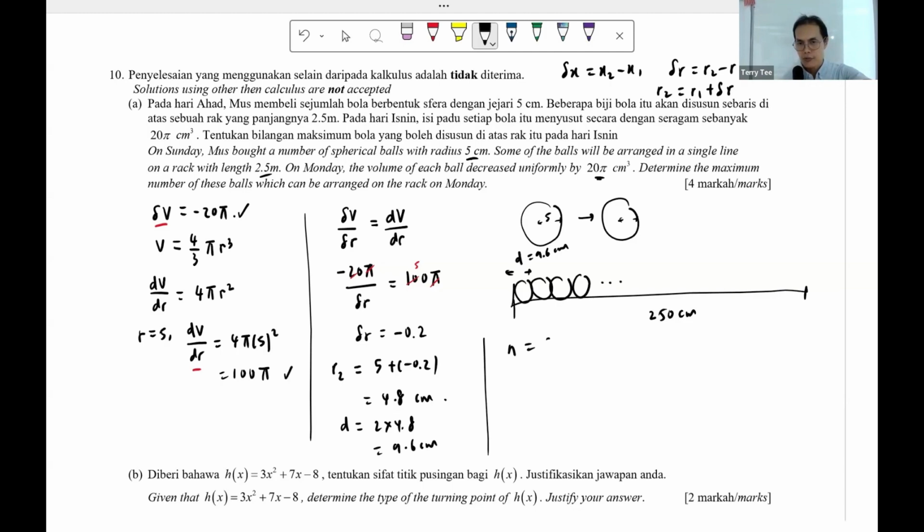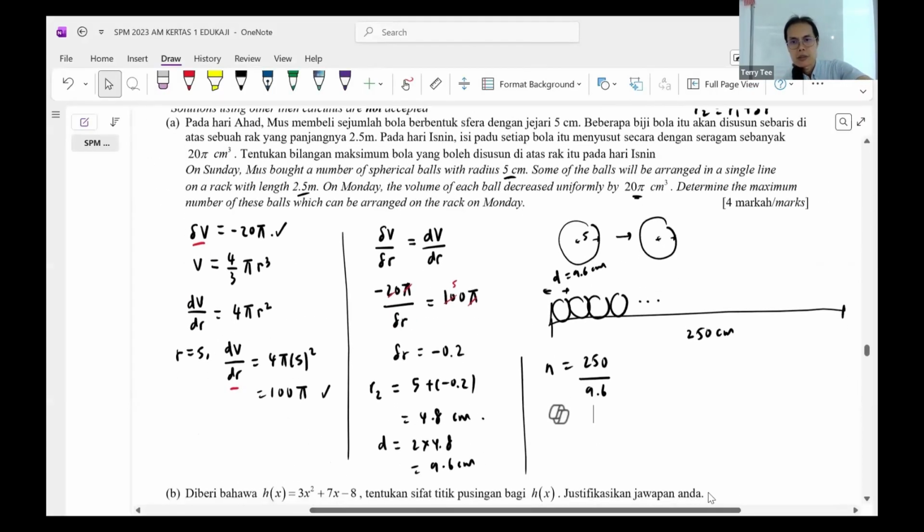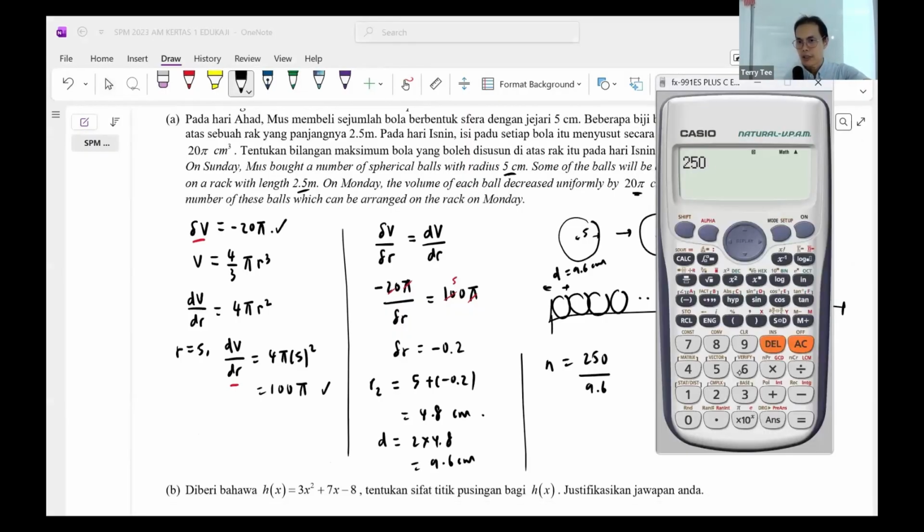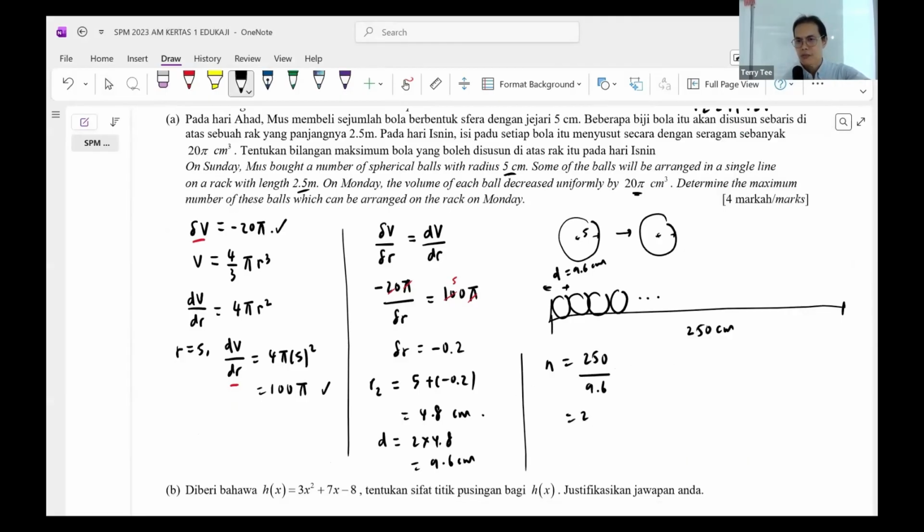So number of balls is 250 divided by 9.6. Okay, let me use my calculator. This one will be in decimal, cannot be a whole number. 250 divided by 9.6. Answer is 26.04. Okay, now actually this one a bit of a gray area. A lot of people will say 26.04. Should I use 26?